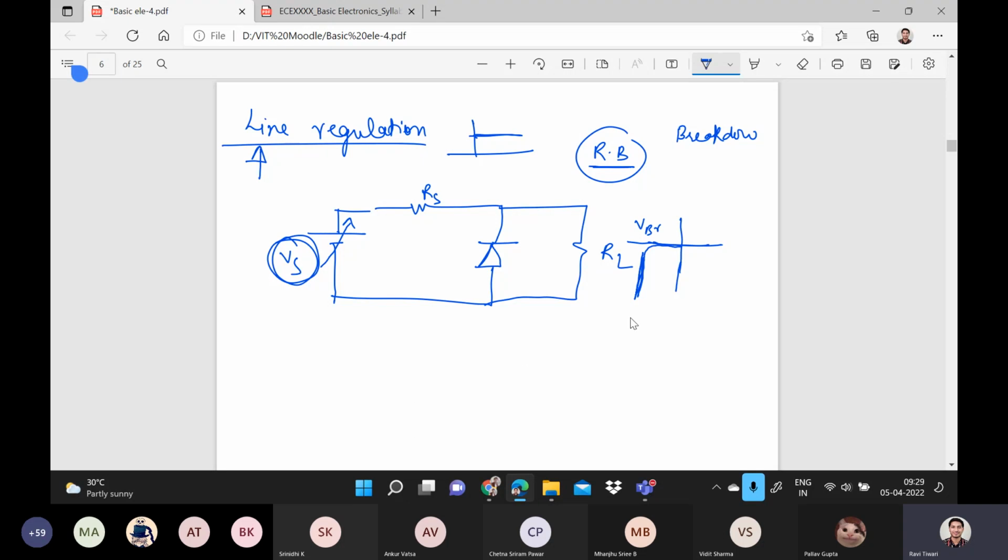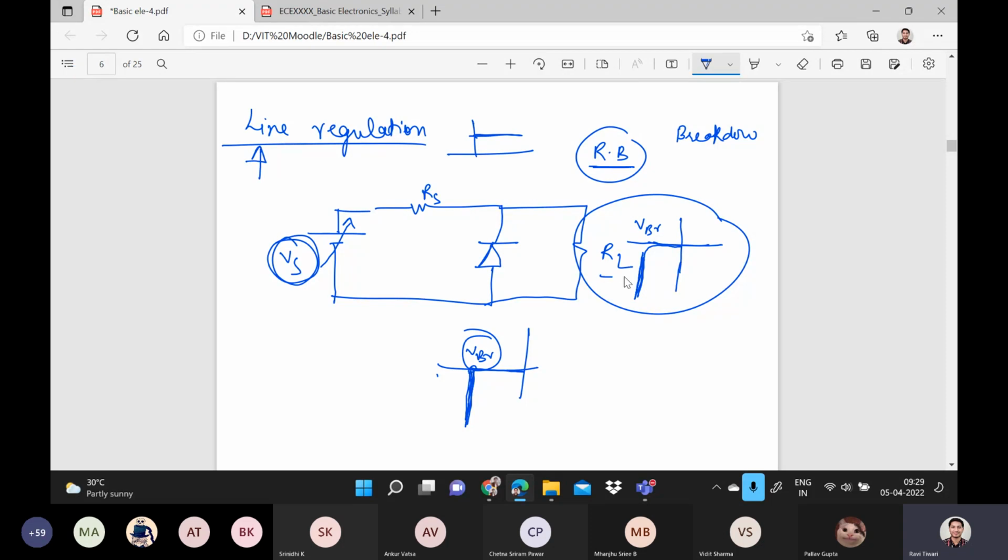Okay, if you rotate this graph, what you see is that you are increasing the voltage up to here, VBR, right? And then you are getting the abrupt increase in the current. So the voltage is constant, right? Voltage is constant. So that means what?